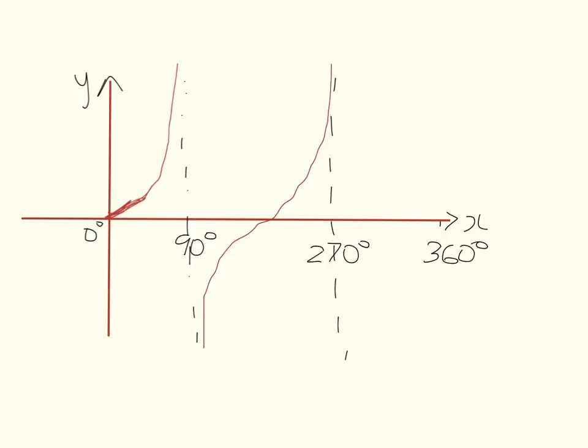I didn't put in the 180, so this point here would be 180 degrees. Between 90 and 270, it starts from the bottom, and it would never touch this 90 degrees because this would keep going on and on down forever, and then it curves up towards the 270 degrees, but it will never touch that 270 degree line.